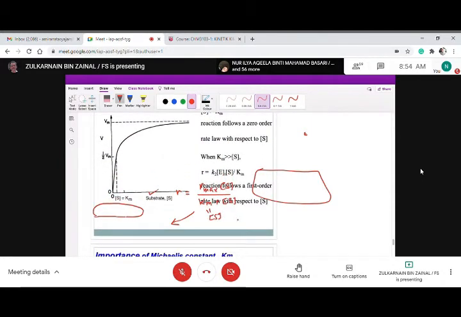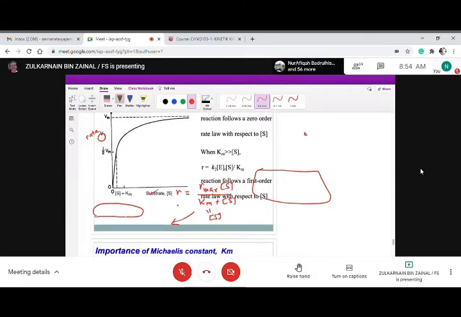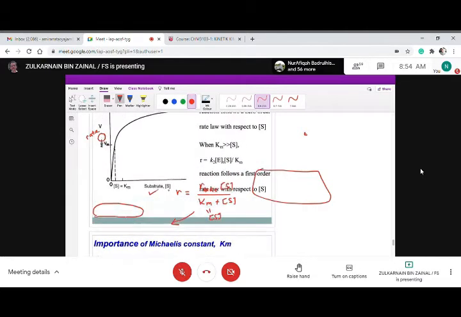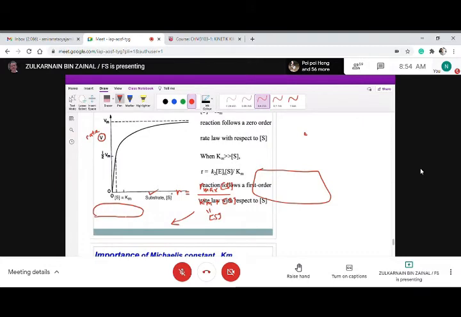Okay, put it there. So if you plot V, what is V? V is actually rate, so don't confuse this with the volume. If you plot rate versus the concentration of substrate, what you get is a curve like this one, where at high concentration of substrate the rate becomes maximum.